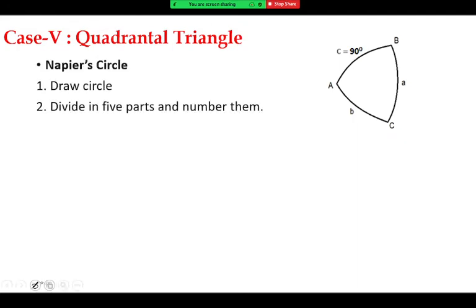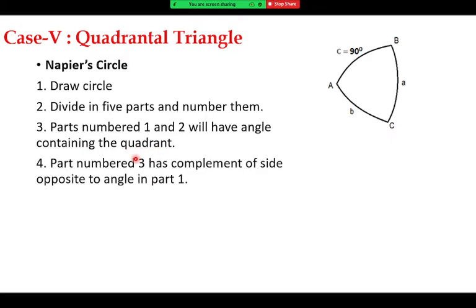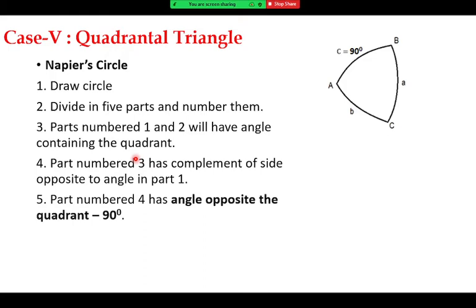So first we have to draw this Napier circle. Draw a circle, divide it into 5 parts. Parts 1 and 2 have the angles containing the quadrantal side. Then their complements are in the opposite parts, and this is C minus 90, that is the opposite angle minus 90, which should be in part 4.